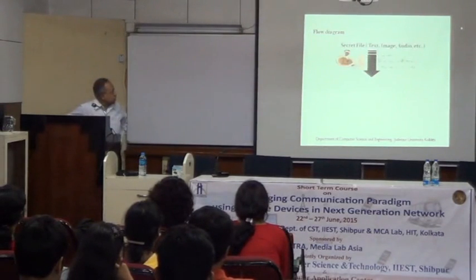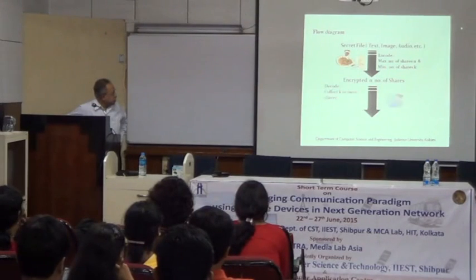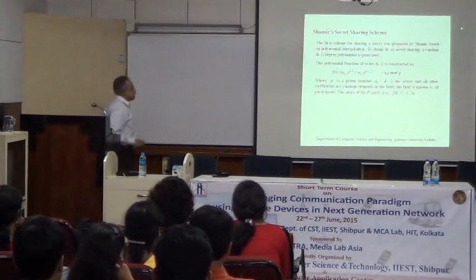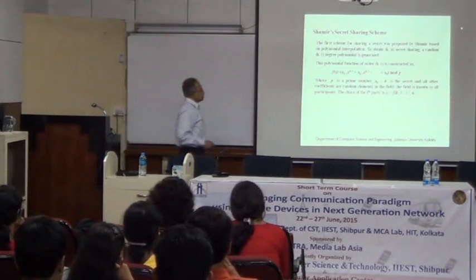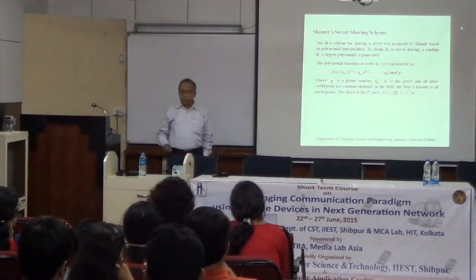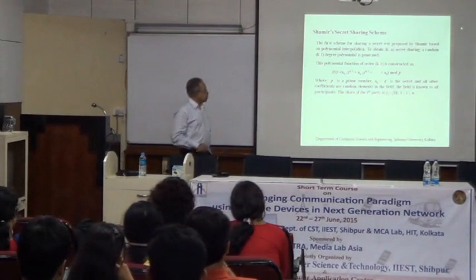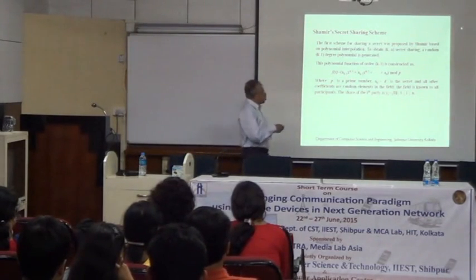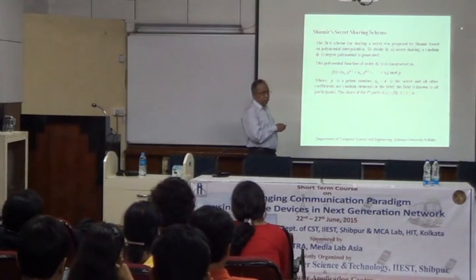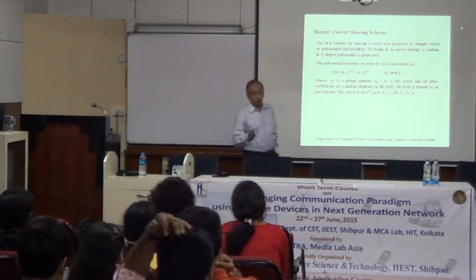Secret can be a file, text, image, audio, with a maximum number of shares, and another audio secret. Here also, first, Shamir proposed share cryptography. The concept was every share is a polynomial of degree k minus 1, where k is the threshold.